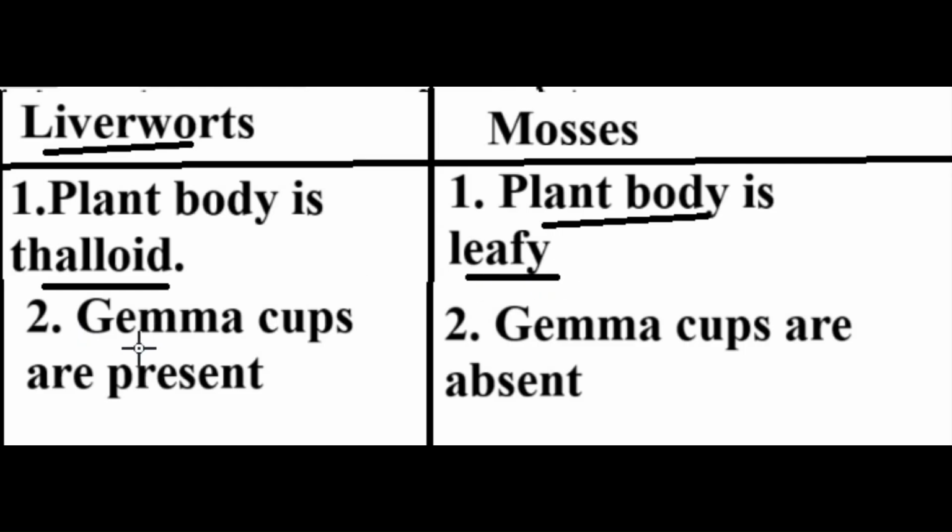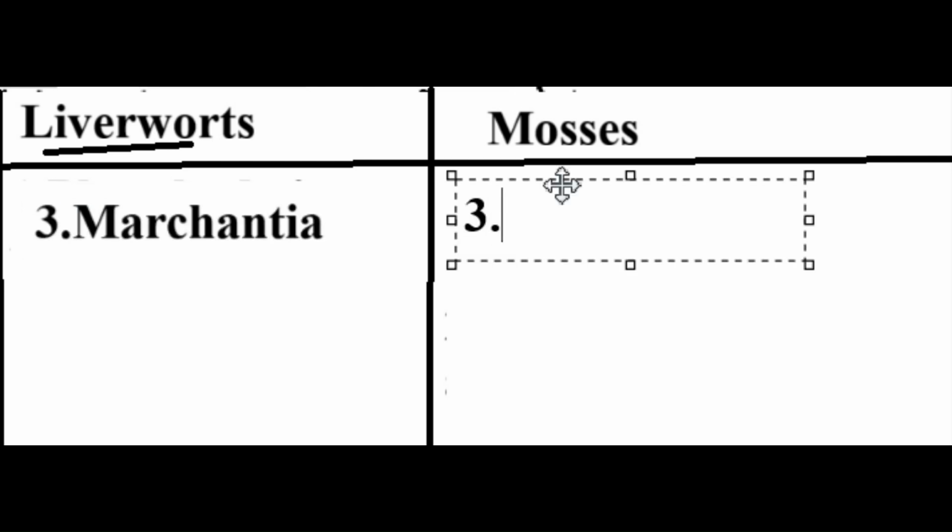There are gemma cups present in liverworts, whereas gemma cups are absent in case of mosses. Marchantia is an example of liverworts, and Funaria is an example of mosses. So that's for 3 marks.